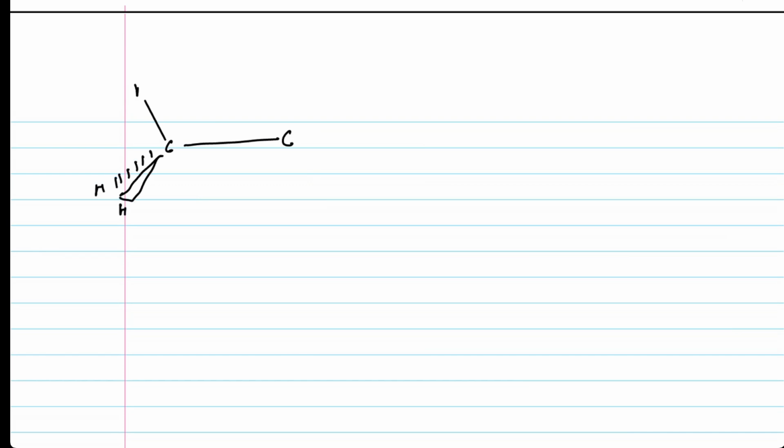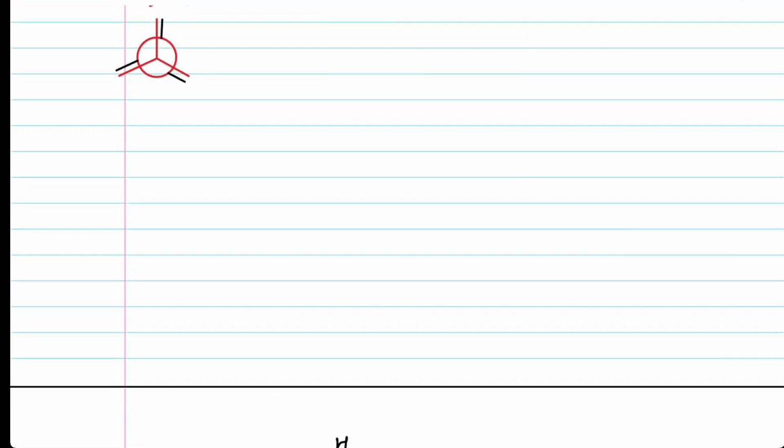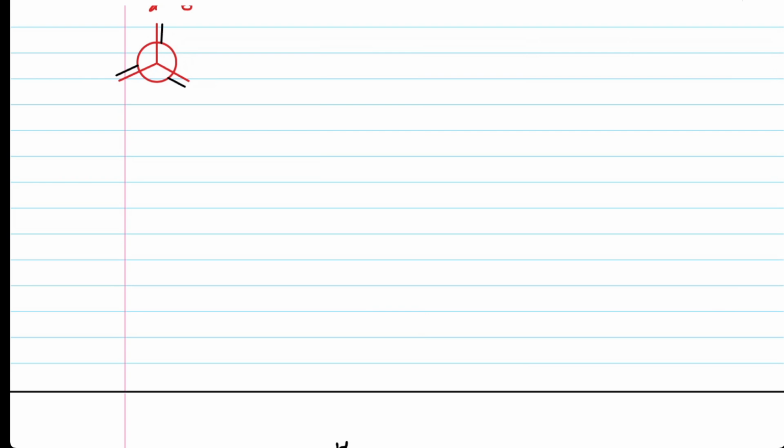Here we have one hydrogen, another hydrogen here, and another hydrogen here. So the structure that I have made is this particular structure in which the hydrogens are behind each other. They are eclipsing each other. So this is the eclipsed structure of ethane.